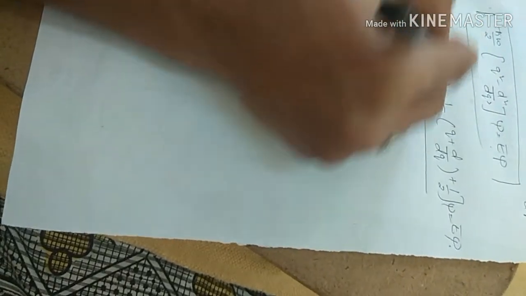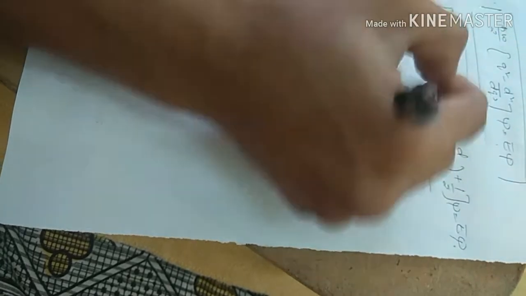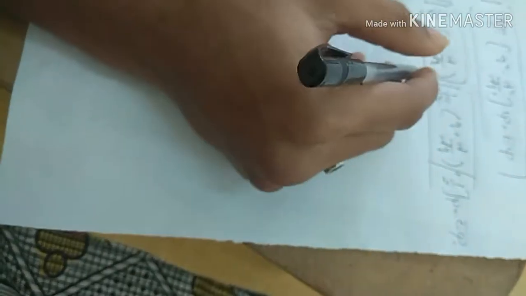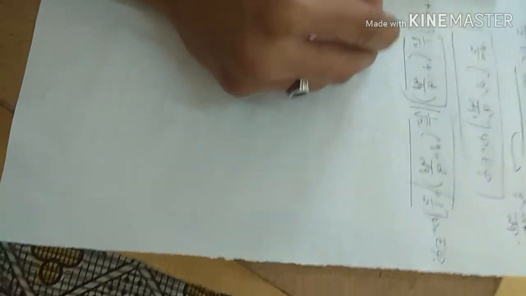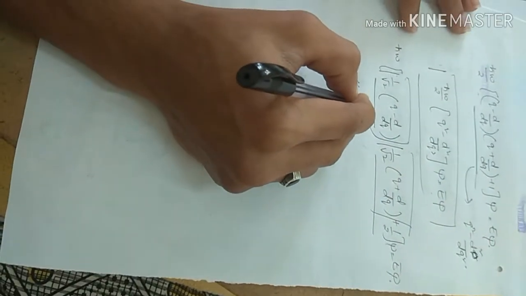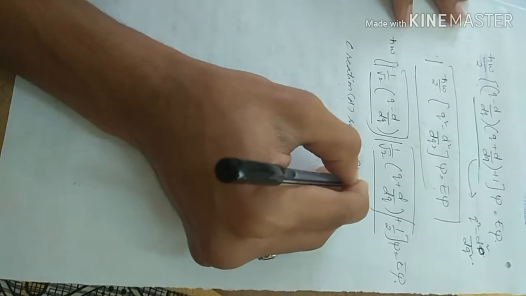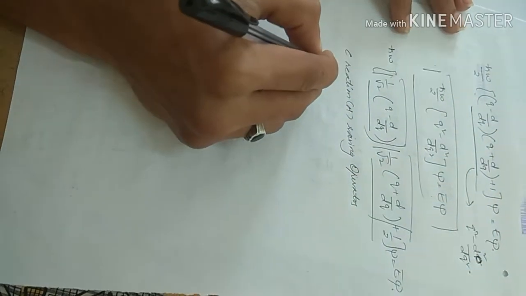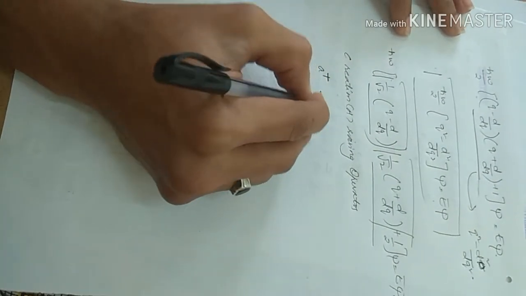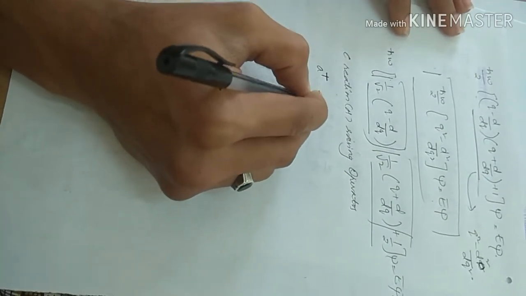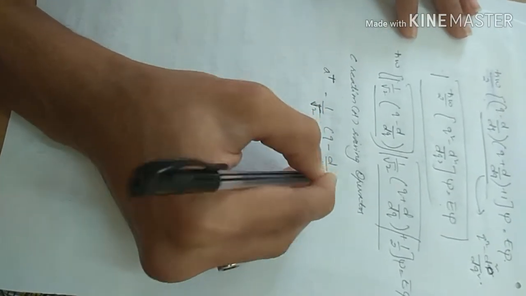Let us say this is the creation operator, and this is the annihilation operator. Creation operator is also known as the raising operator. It is denoted by a dagger, and it is equal to 1 by root 2 of q minus d by dq.